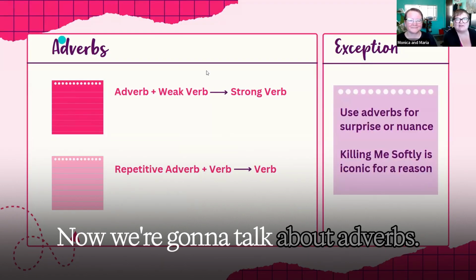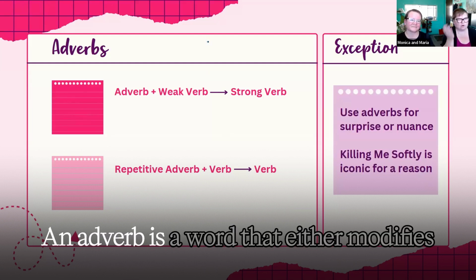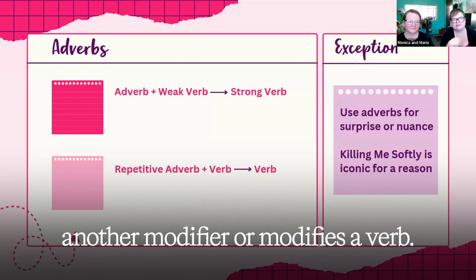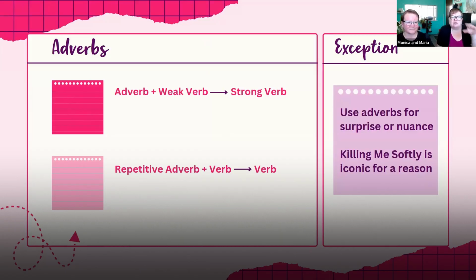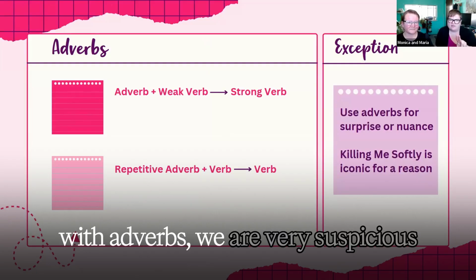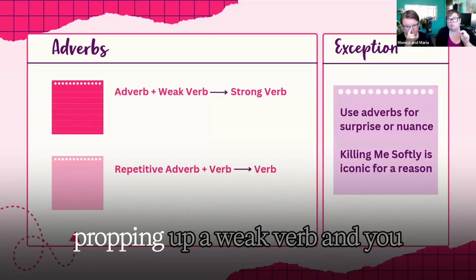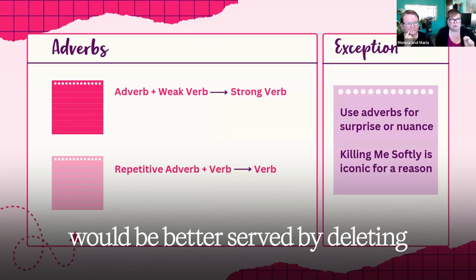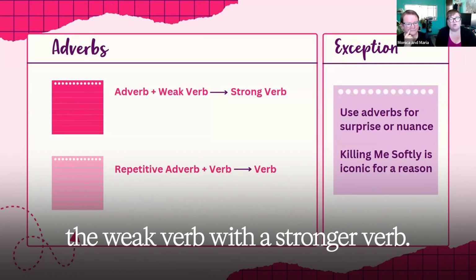Now we're going to talk about adverbs. An adverb is a word that either modifies another modifier or modifies a verb. In this case, we're talking about adverbs that are modifying verbs. Two of the issues that we often see with adverbs, and we're very suspicious of adverbs, is that adverbs are either propping up a weak verb, and you would be better served by deleting both and replacing both the adverb and the weak verb with a stronger verb.